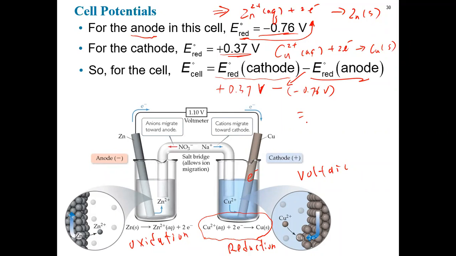Subtracting a negative means plus, and you get 1.10 volts. That's how you calculate this. So far, we know this is standard, and later on we'll learn how to calculate cell potentials that are not standard.